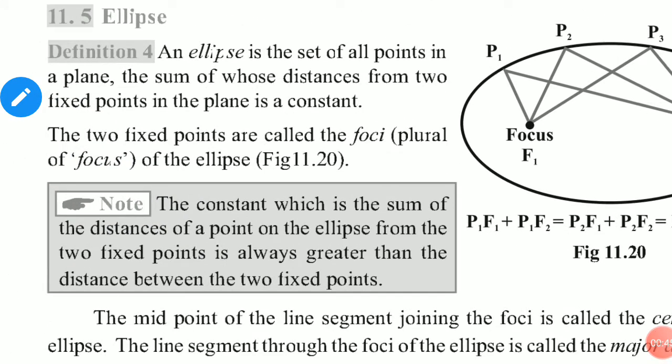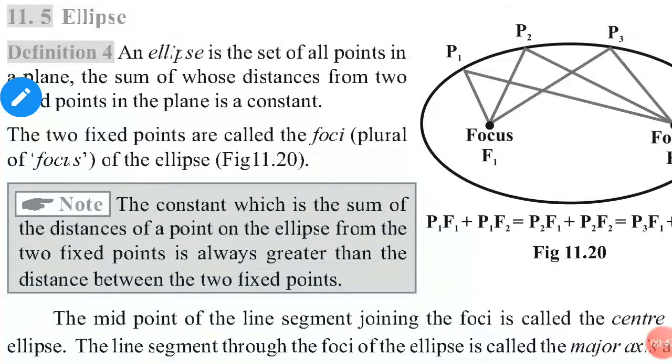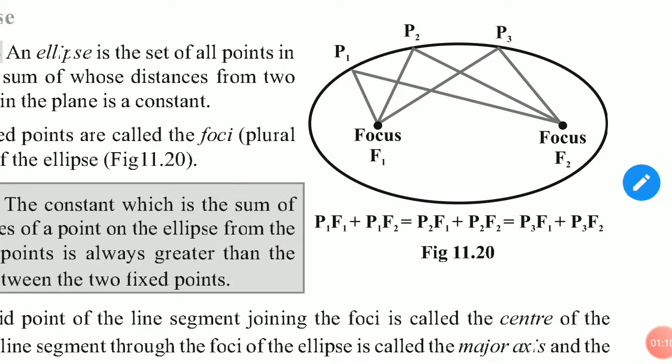So the definition is: an ellipse is the set of all points in a plane, P1, P2, P3, the sum of whose distances from two fixed points in the plane is a constant. Now the two fixed points: one point is F1 and the second point is F2.